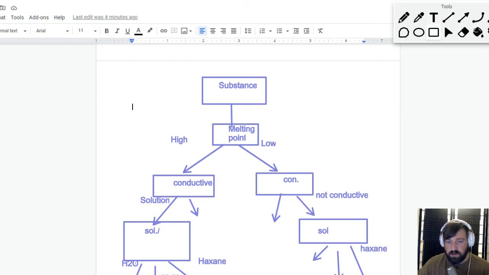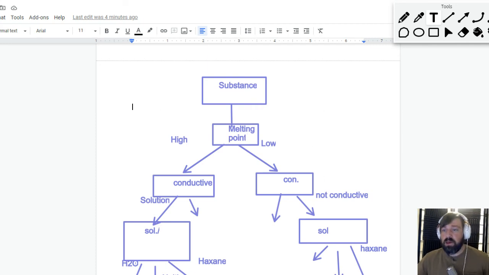Well, I know that if it has a low melting point, it is not conductive, and it dissolves in hexane, then it is going to be nonpolar. So you're going to go through and do that. That is going to be what your flowchart should look like.